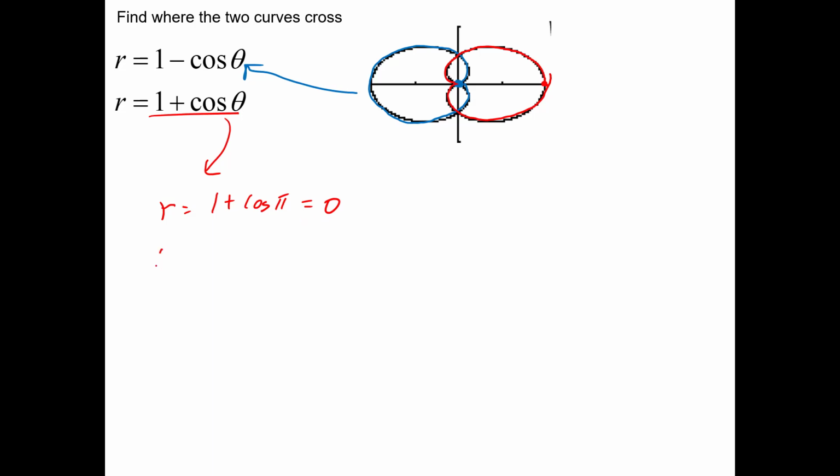Your polar coordinates for that are r, theta: 0 comma pi. And so then you missed that point of intersection, which was the pole.